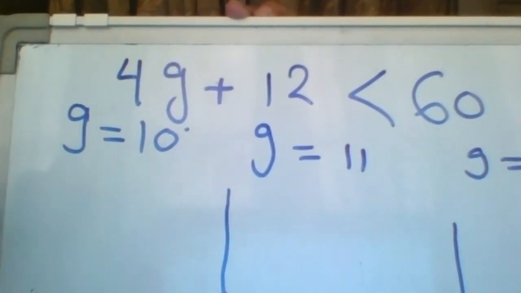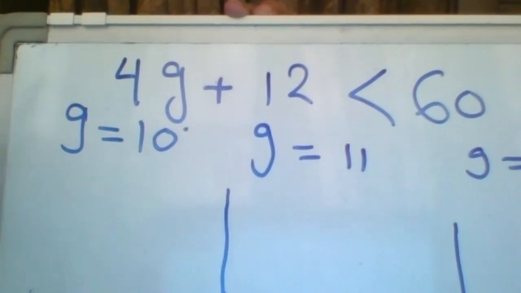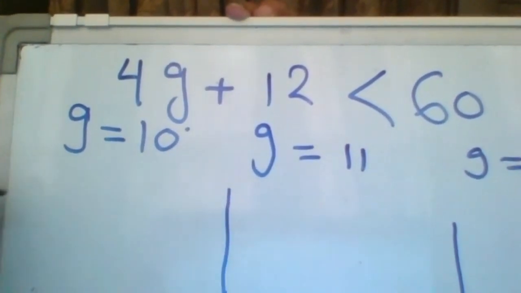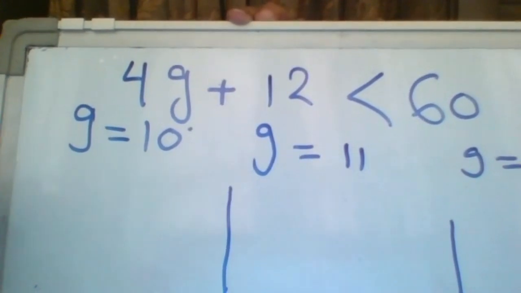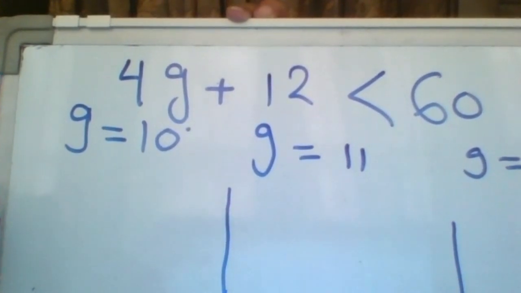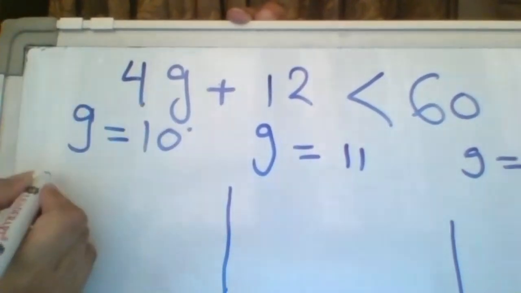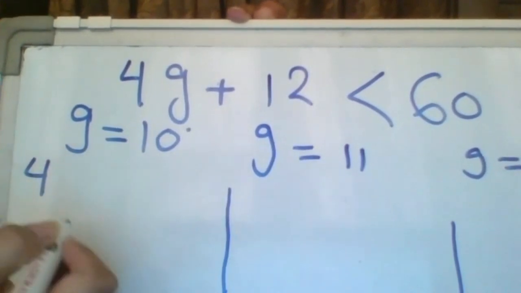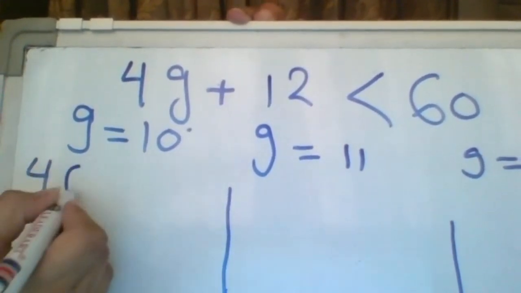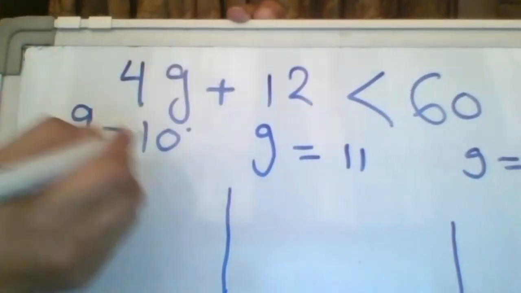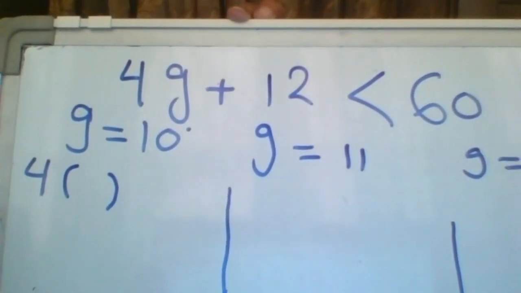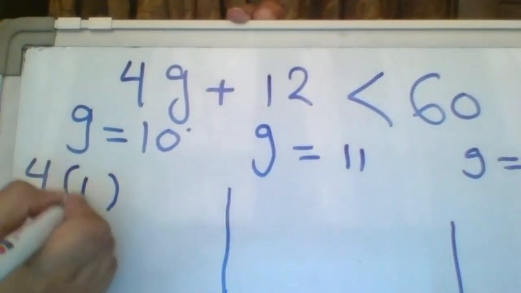Ready? Okay, go on, Gasser. Tell me and I'm going to write. We will put 4, right? Four, and then I will remove g and put instead of it what? 10, yes.